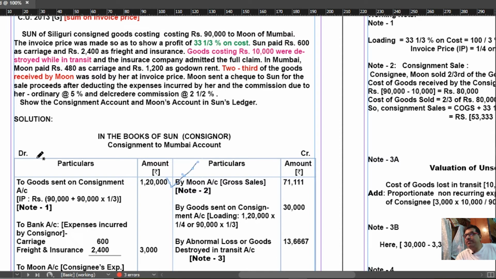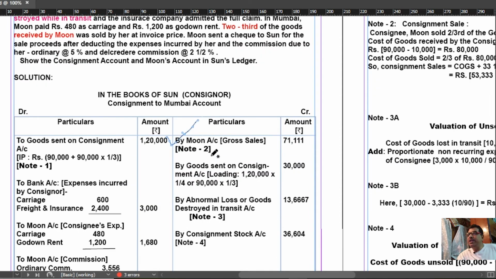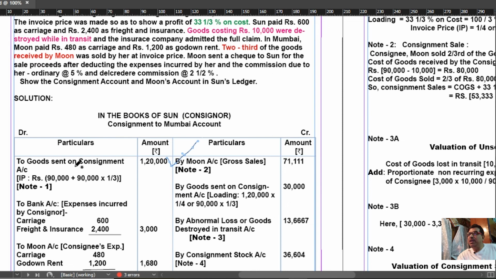At the same time, a loading is actually imposed on the goods sent on consignment. Therefore, I have to pass the opposite entry, that is by goods sent on consignment account, that is loading. I have to calculate the loading. 1,20,000 is IP. Therefore, 1,20,000 into 1/4 or 90,000 into 1/3, that is 30,000.